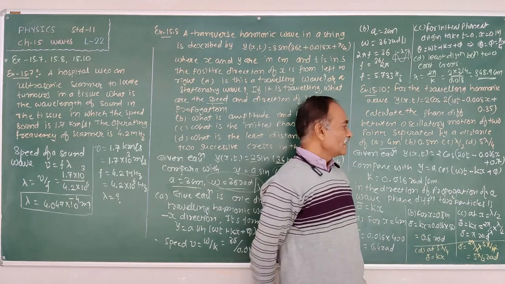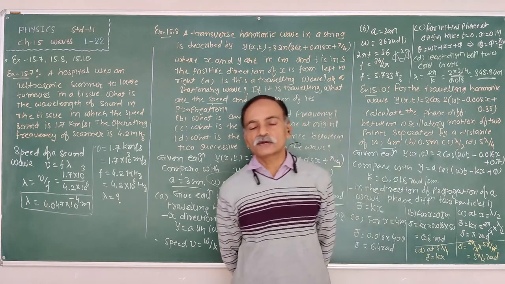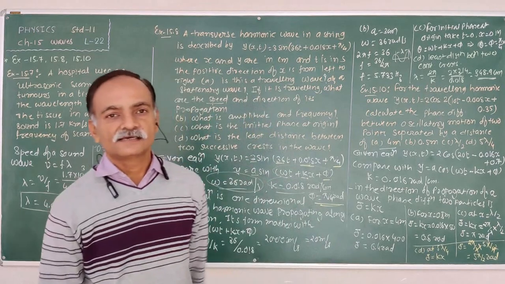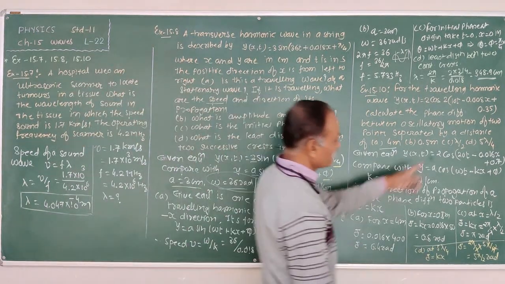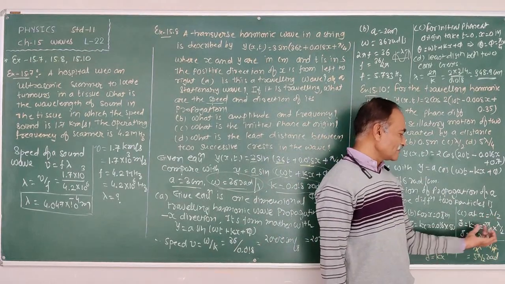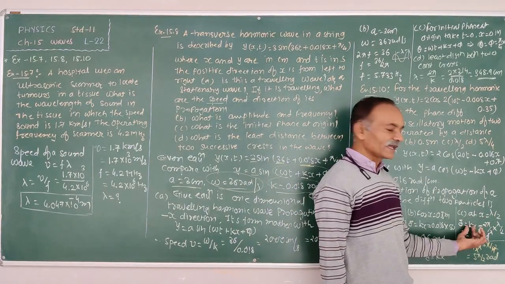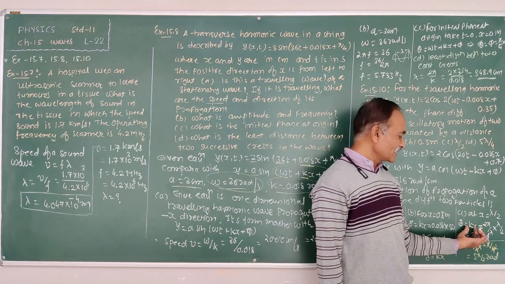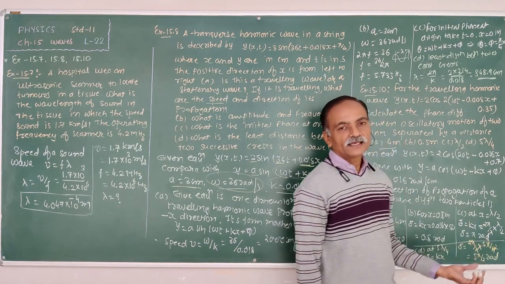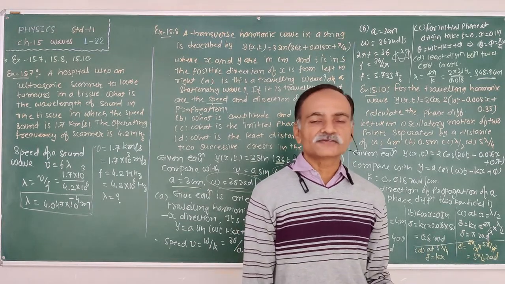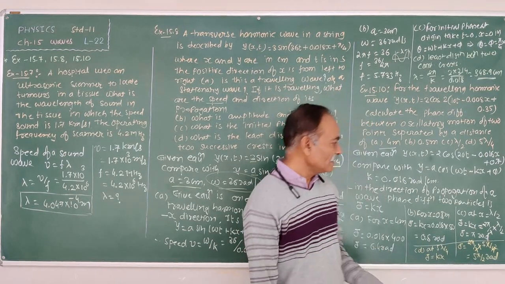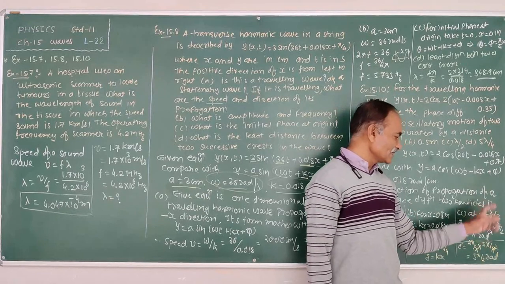Now, the last two cases are given. Note, the distance is not given in meter; it is given in the form of lambda. So first, lambda by 2 distance. Therefore, at x is equal to lambda by 2 distance, delta is equal to kx. At that time, we are not using the value of k as 0.016 radian per centimeter. We are using the equation 2 pi upon lambda. Therefore, lambda cancels, 2 cancels.